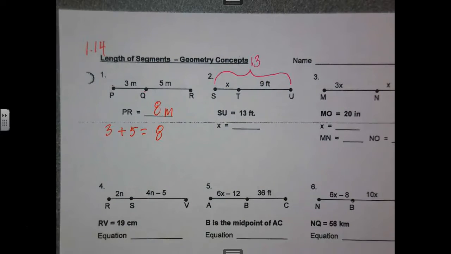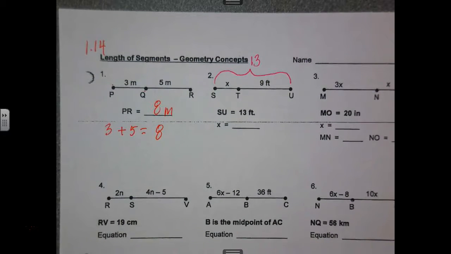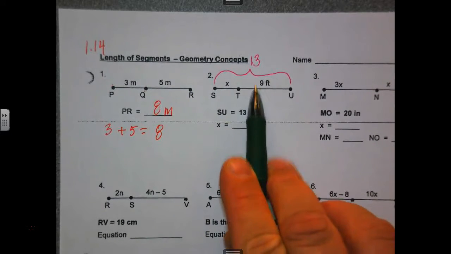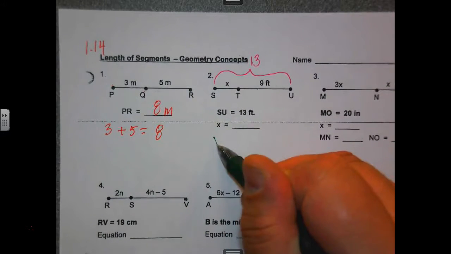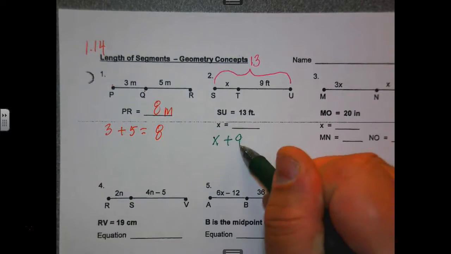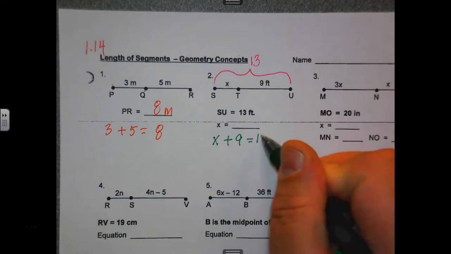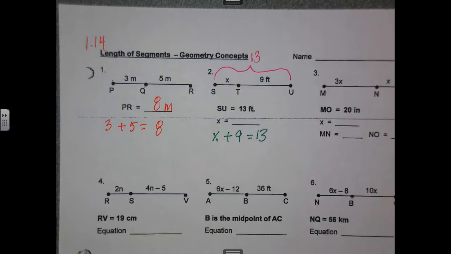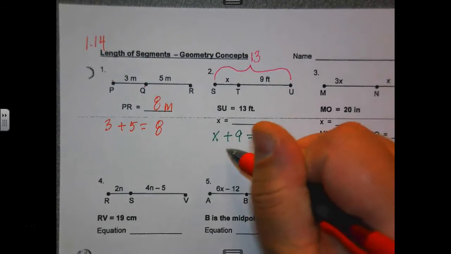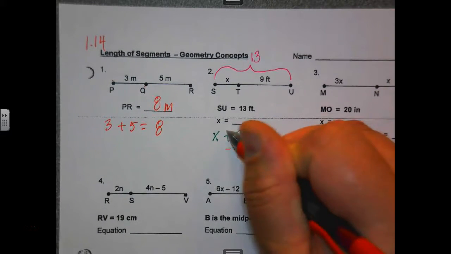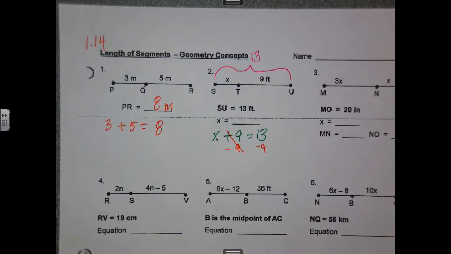So my equation is I add up the two small ones to equal the big one. So x plus 9 equals the big one's 13. Subtract 9 from both sides, and I get x equals 4.